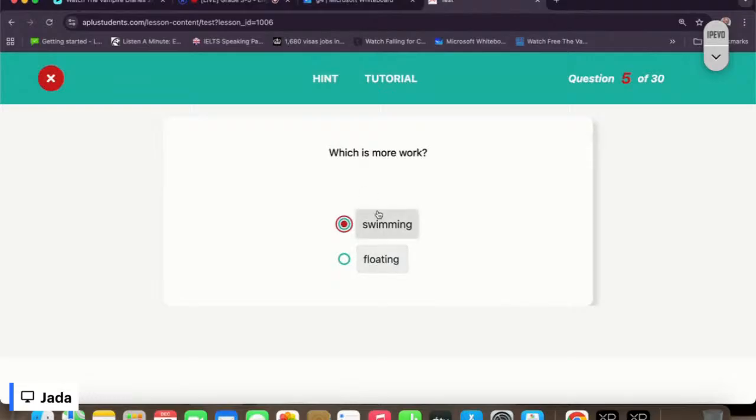All right, so we have swimming. Okay, good. Which is less comfortable, being hungry or being starving? First or second?